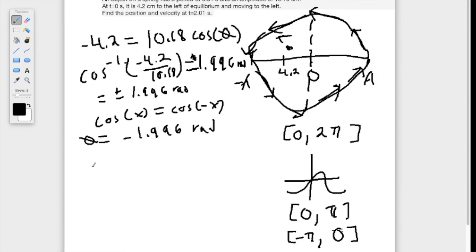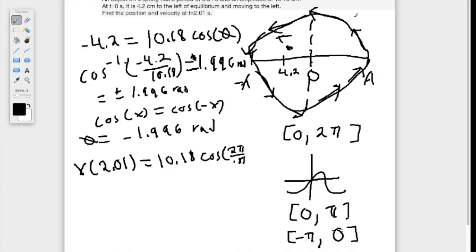So now we can solve for the position at 2.01 seconds. So we get x at 2.01 equals the amplitude, 10.18, times cosine, and now the period matters. So it would be 2 pi over 0.81, right?